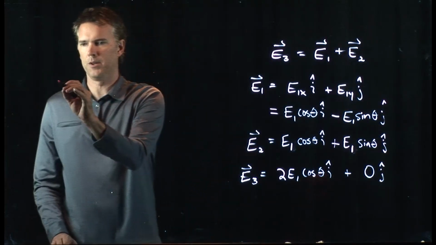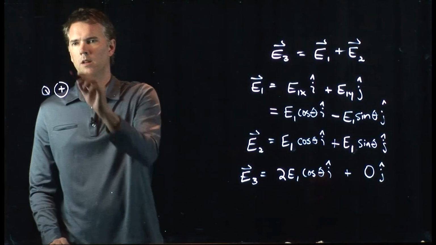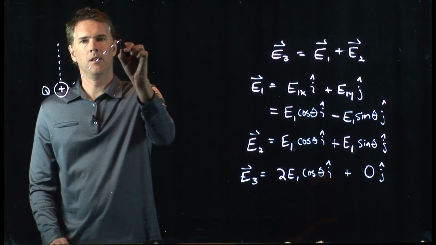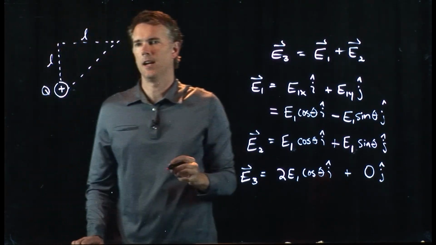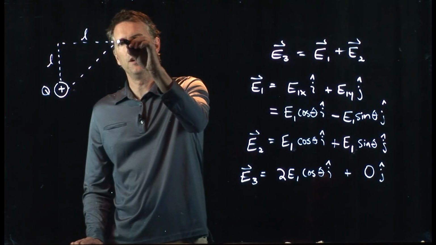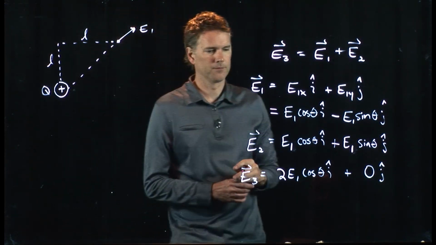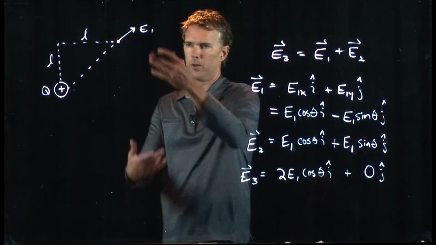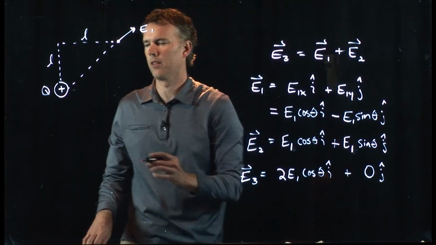So let's put that together now. Let's redraw the picture just for one of them. We've got a Q, and it was L on the top, L on the side. There's our point. That was our E1. Okay, and we need to calculate the strength of E1. Doesn't really matter if that was E1 or E2, since it's symmetric, it's going to have the same strength.